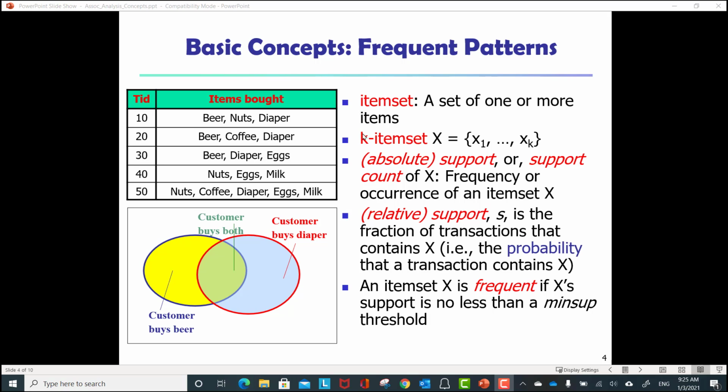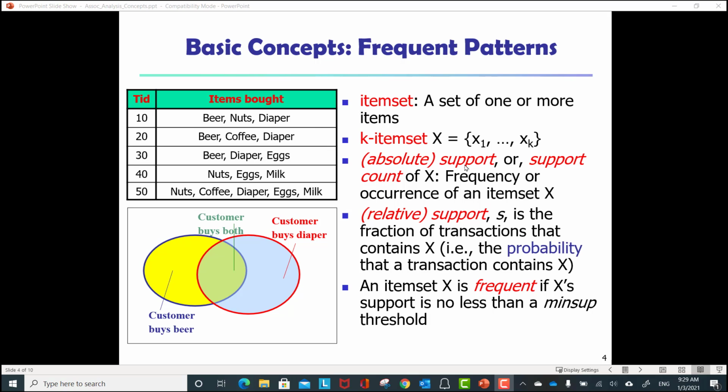So when there are two items in an item set, we call it a two-item set. If you are familiar with set theory, the k means the cardinality of that set. So you can think of three-item sets, four-item sets, five-item sets, six-item sets, and so on.